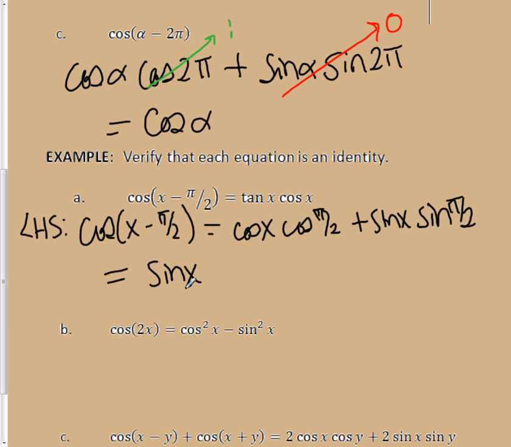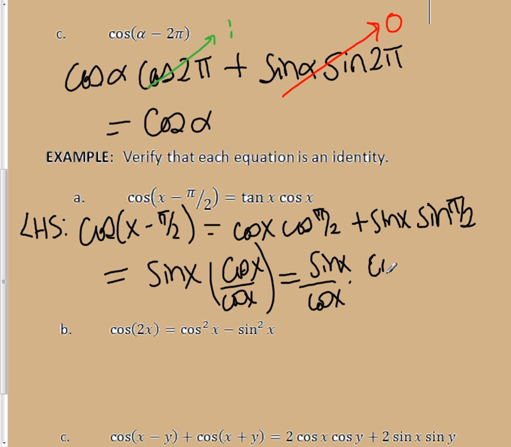And in particular, the way I'm going to write 1 is I'm going to write it as the cosine x over the cosine x, because that is 1. So when I do that, I have the sine x over cosine x times the cosine x, which means I have the tangent of x, the cosine of x, which is indeed the right-hand side.